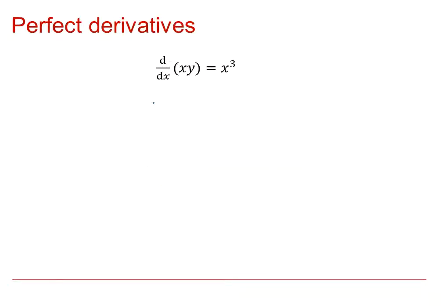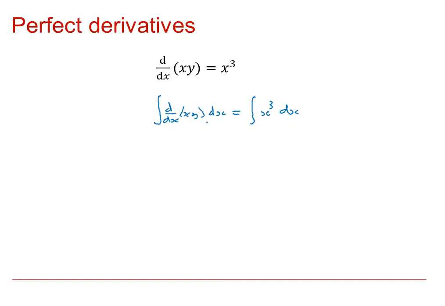The more formal way of writing this would be to put the integral of the derivative of xy with respect to x is the integral of x cubed with respect to x. That's the formal way of integrating both sides with respect to x.